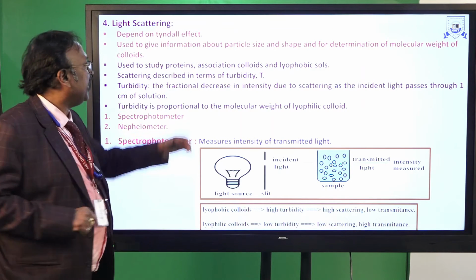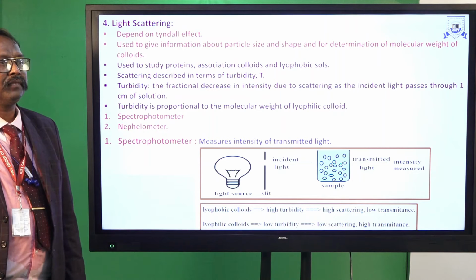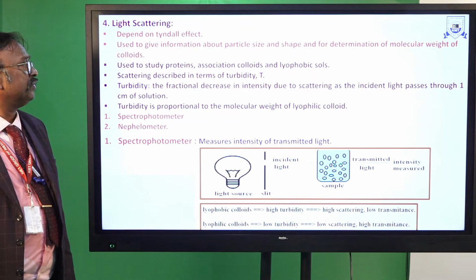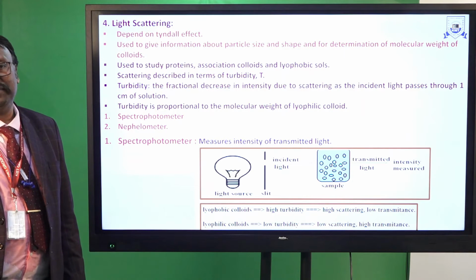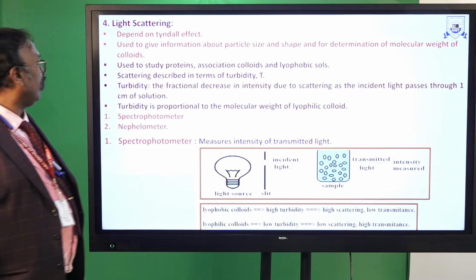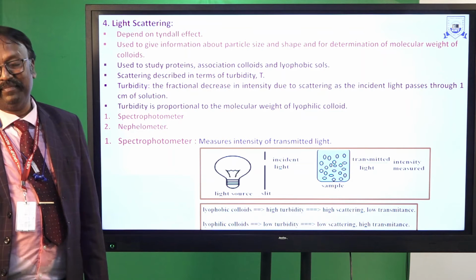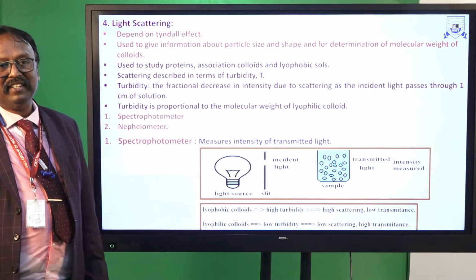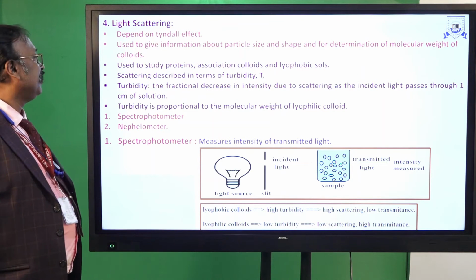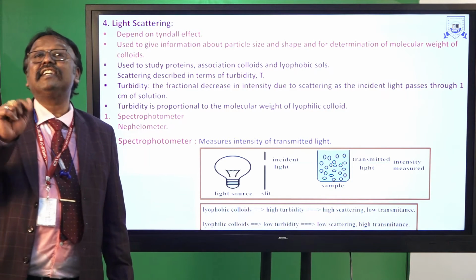It is used to study proteins, association colloids, and hydrophilic salts. The scattering of light is described in terms of turbidity, that is T.